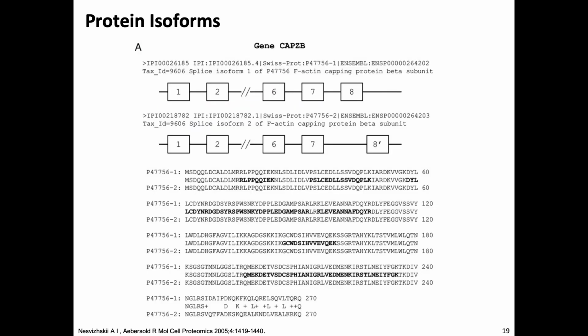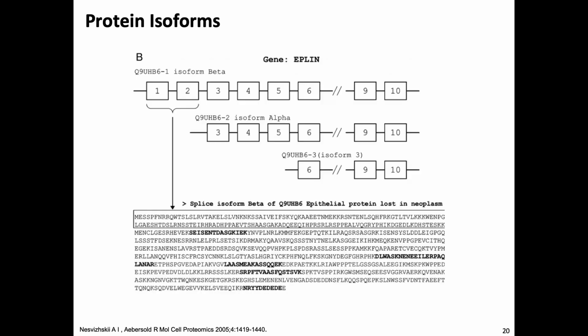The coverage is often not so great. This here is an example. There are two isoforms here, and highlighted in black are the peptides that are seen. You can see the coverage is not so great in proteomics. Oftentimes you see just 1 or 2 peptides per protein, and then it becomes really hard to keep isoforms apart.